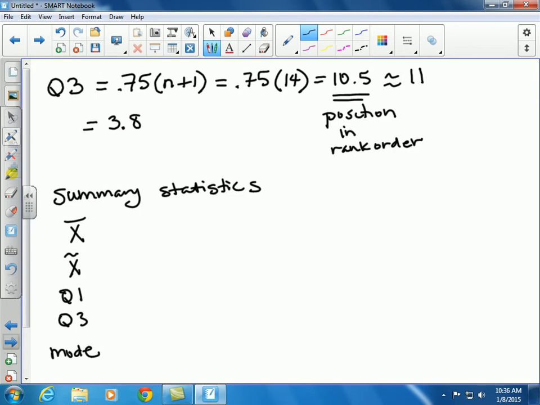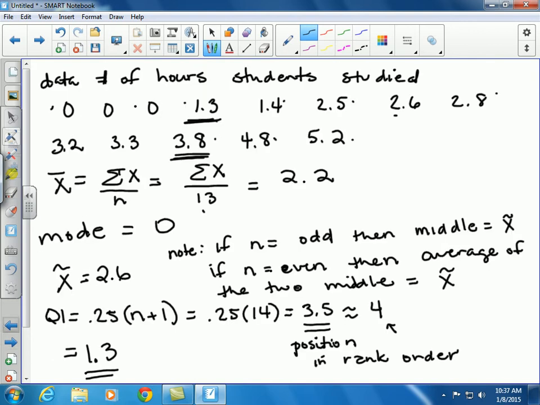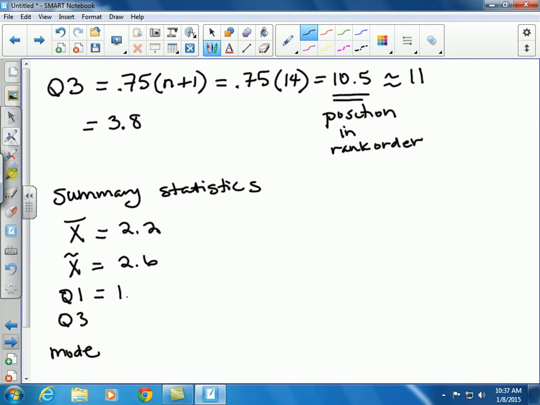We would say that the mean is 2.2, that the median is 2.6, quartile 1 happens to be 1.3, and quartile 3 happens to be 3.8. The mode was 0. From these numbers, we can get somewhat of an idea, and we'll do more work on how to get more information just from these summary statistics as we move along in the course.